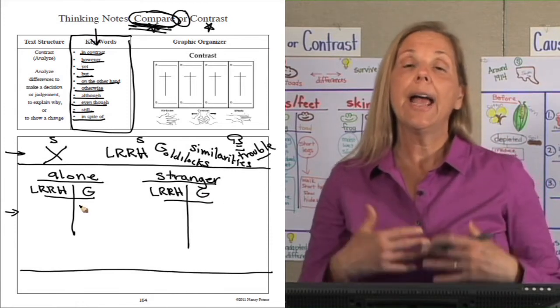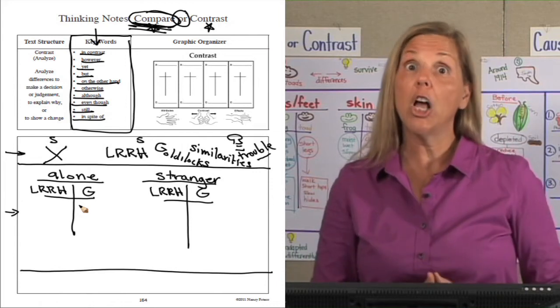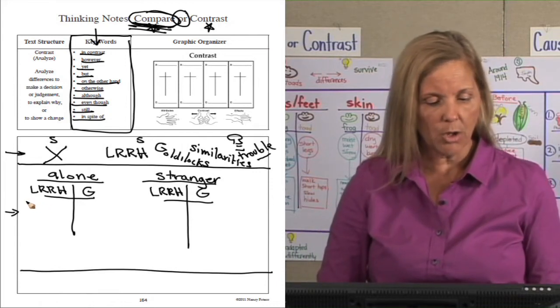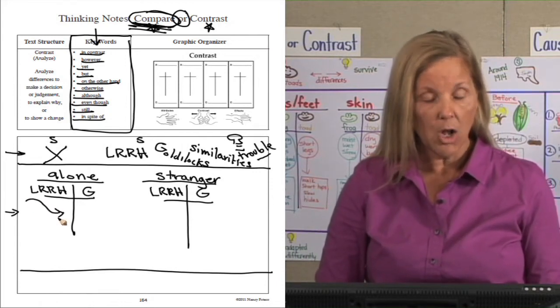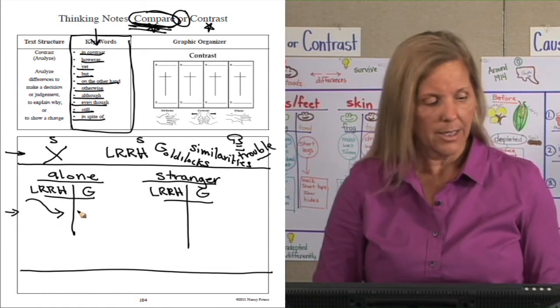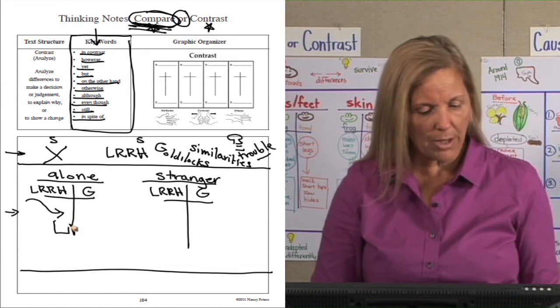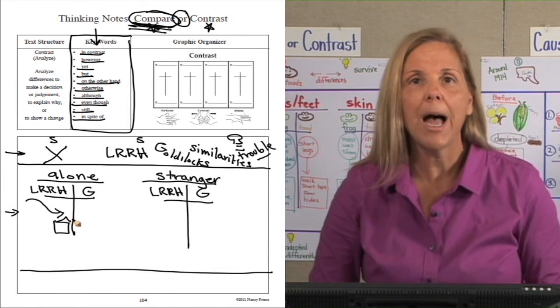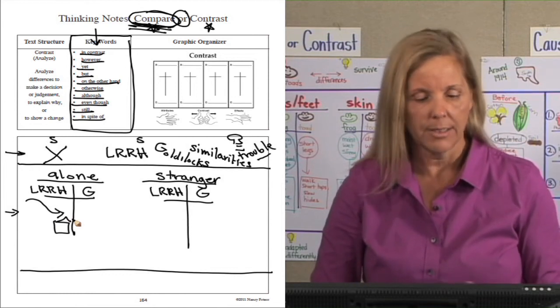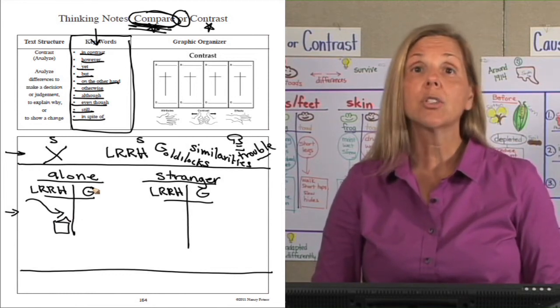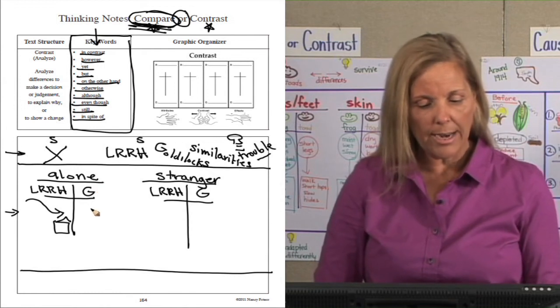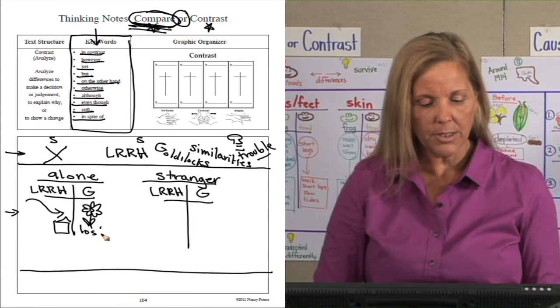So let's look at, how was Little Red Riding Hood alone in the story? Well, she was alone in the story because she had to travel a long distance to get to her grandmother's house, all by herself. How was Goldilocks alone? She went out picking flowers in the forest, and she ended up getting lost.